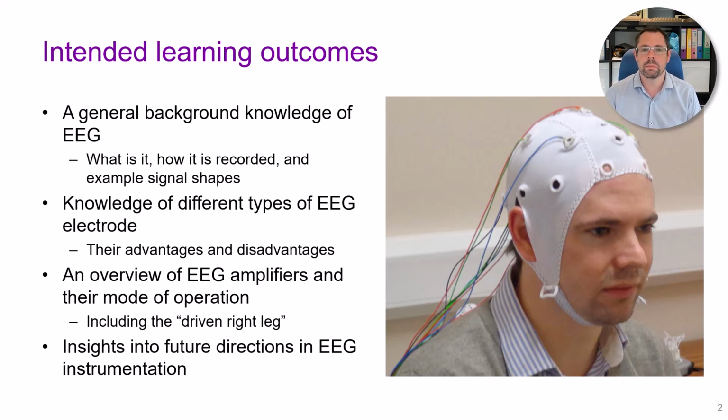Then, moving on to the instrumentation that we typically use, peeking under the bonnet a little bit so that we have some understanding of how the signal is actually collected. And then I'll conclude by speaking about some future directions and some emerging topics in this area.